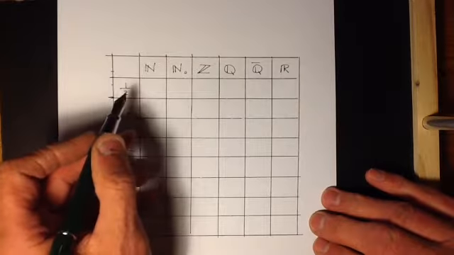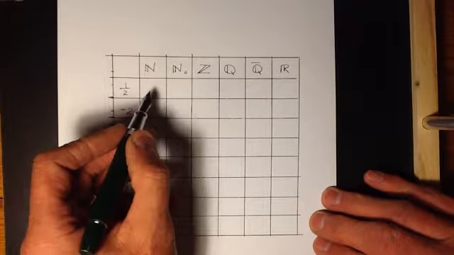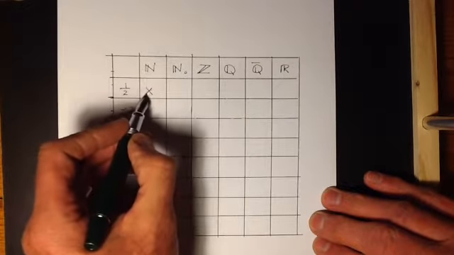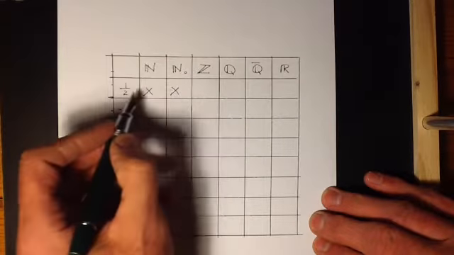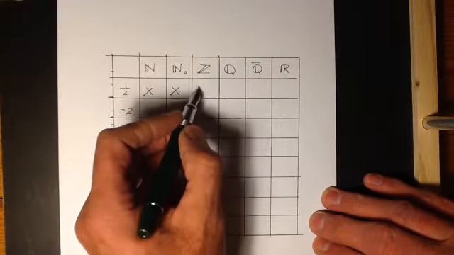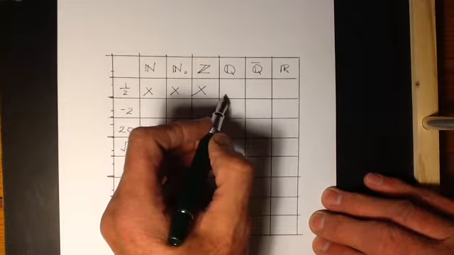So take a half. Is half a natural number? No. Is it a whole number? No. Is it an integer? No. Is it a rational number? Yes.